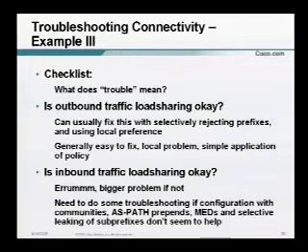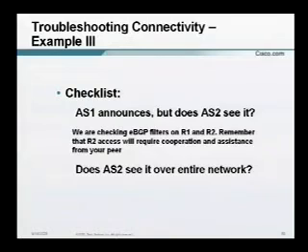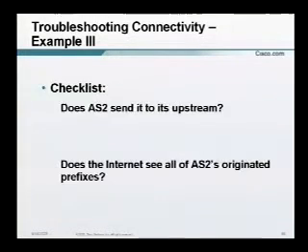Yes, you can do AS path prepends, and you can fiddle around with communities and MEDs and leaking sub-prefixes and all the rest. Standard multi-homing configuration practice. But if they do nothing, then you've got to look deeper. AS1 announces, but does AS2 see it? Checking the filters. We're working through the checklists again. Same checklists.